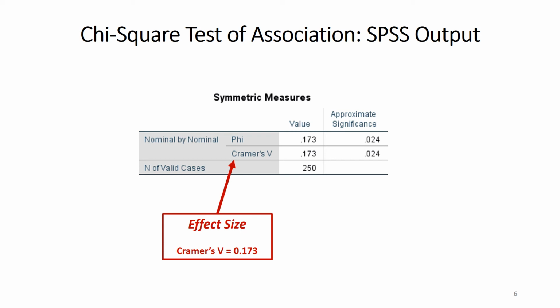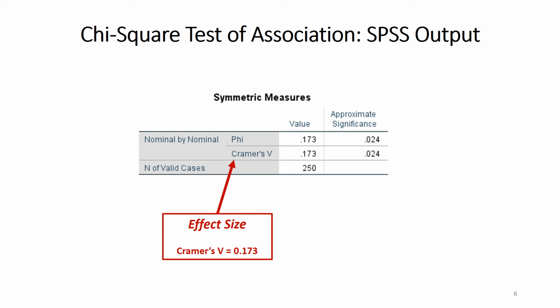Here is the third box that is of importance that is produced by SPSS output. This is what is known as the effect size, and it will show up in your SPSS output as the symmetric measures table. You'll notice that there's two measures of effect size in this particular box. If we look at the row, it says nominal by nominal.